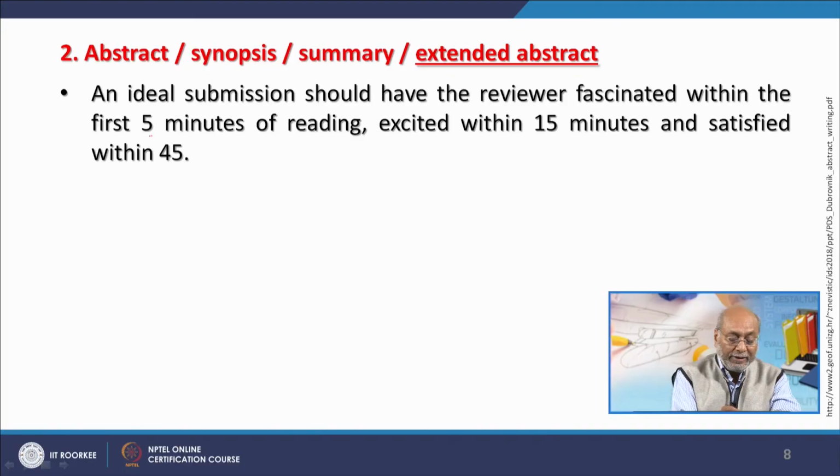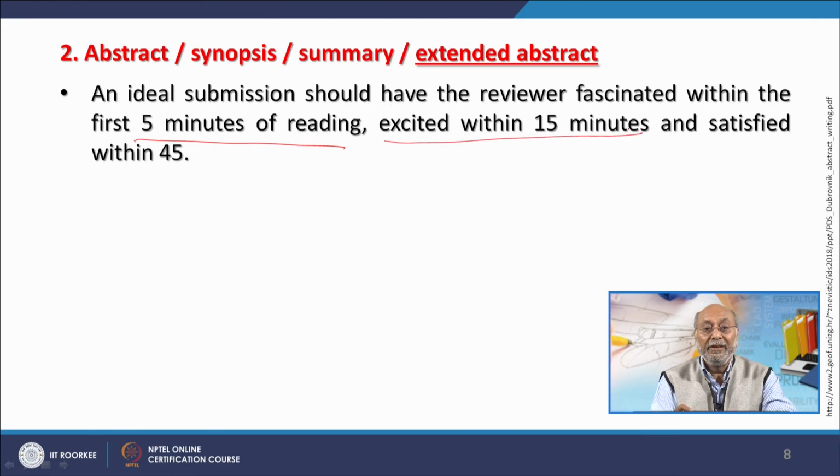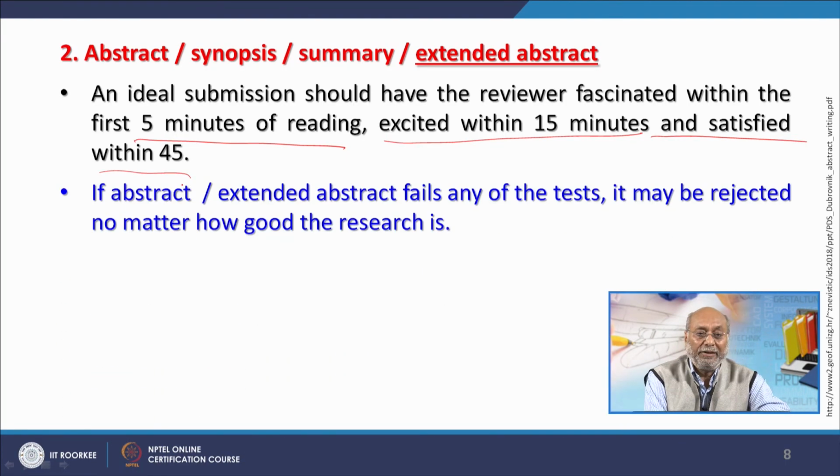Within the first 5 minutes, the reader would decide whether to go further and read it or not. So, within the first 5 minutes of reading, excited within 15 minutes, and if satisfied then may read the entire manuscript. This is the sequence or time steps followed by a normal reviewer or reader.